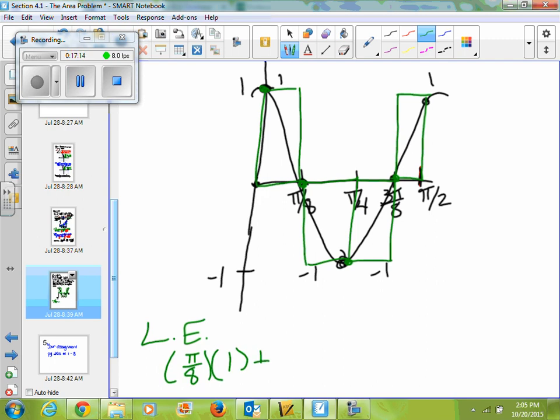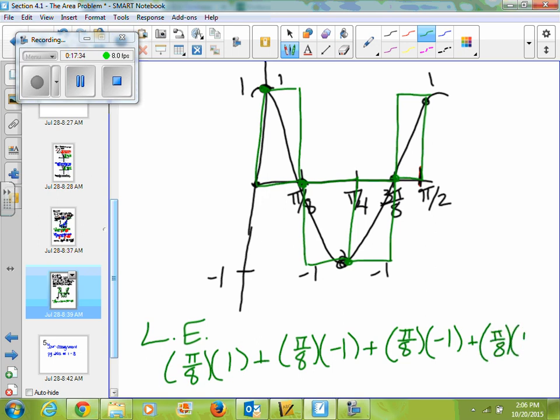With my second rectangle, I have the same length, pi over 8, with a height of -1. Third rectangle, I have a length of pi over 8, with a height of -1. And my last rectangle, I have a length of pi over 8, with a height of +1.